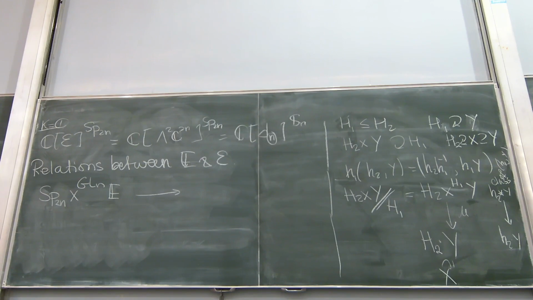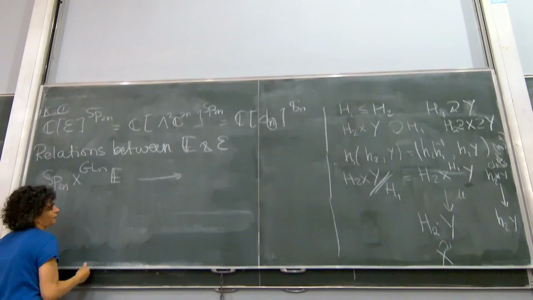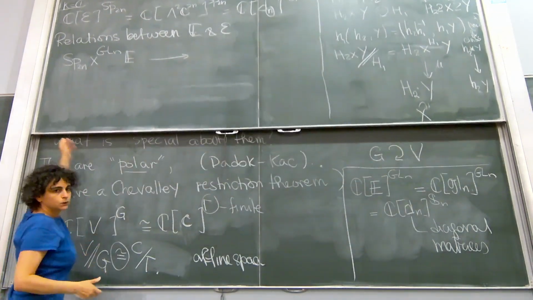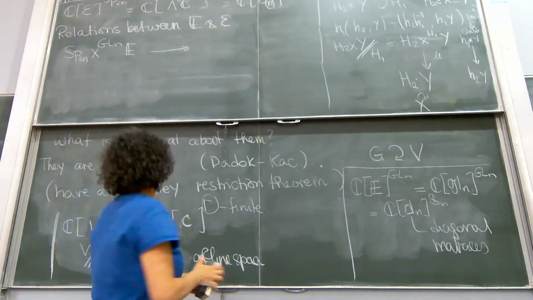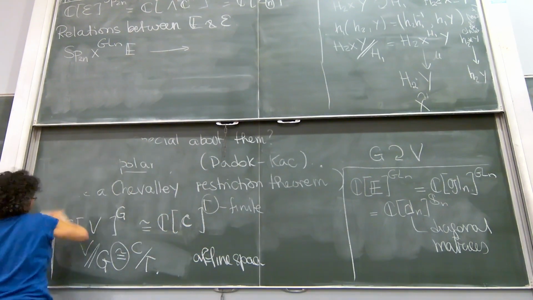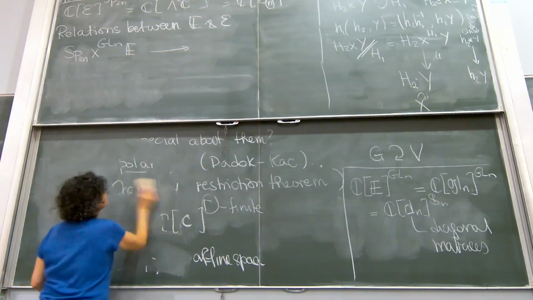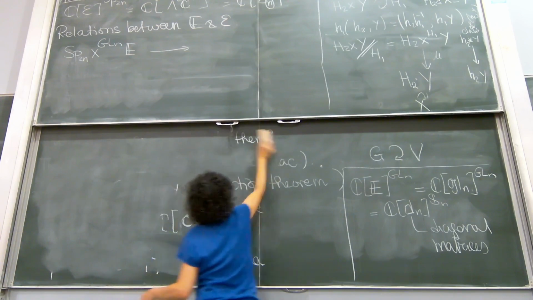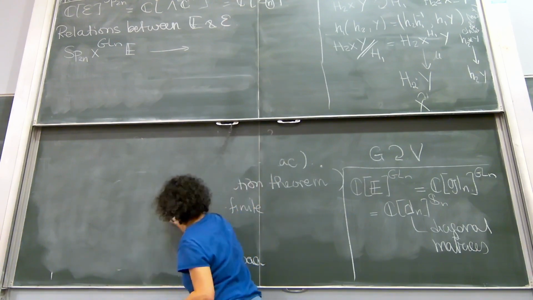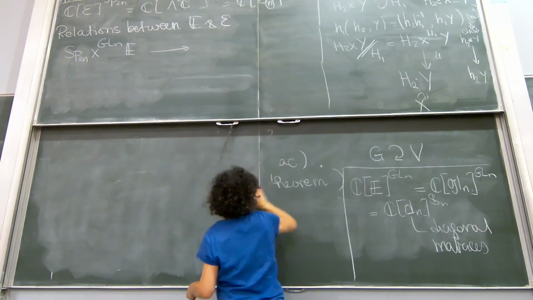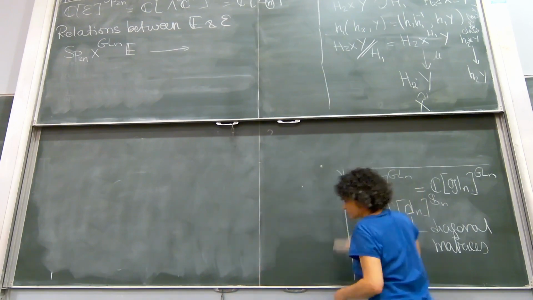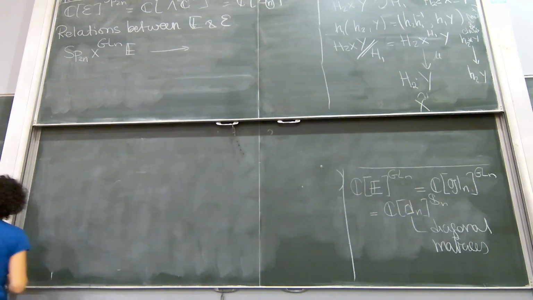and you get also automatically an inclusion of the enhanced in the exotic. So maybe I can write it over here. The inclusion of GLN into Sp2N is just as a Levi subgroup.